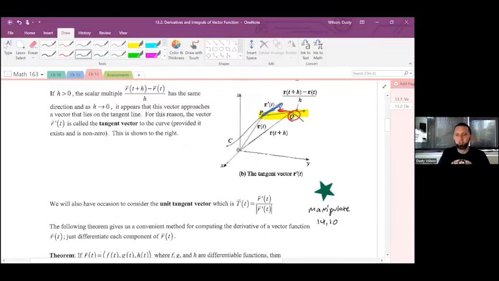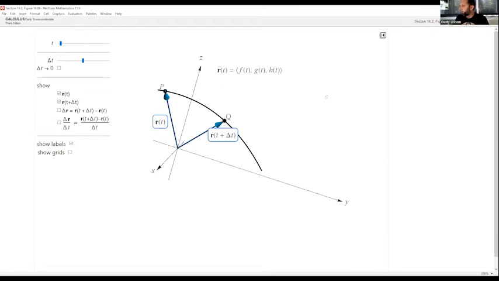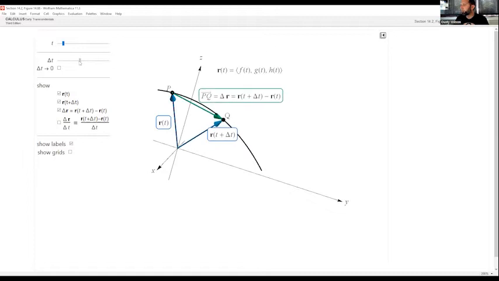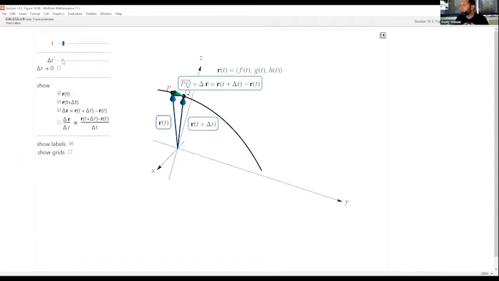Let's look at an animation. So once again, we have the same animation where we can see our secant vector between the 2 points. Here, what we want to point out is that as the delta t, which would be the same thing as the h, approaches 0, then our secant vector seems to be approaching a tangent vector.